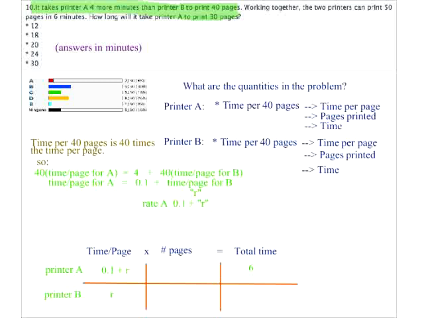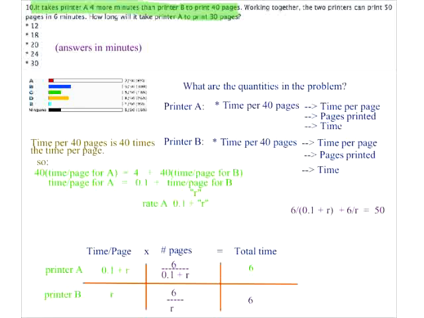You can do division. So that's 6 over 0.1 plus R, and this is 6 over R. And then you know that the number of pages is 50. So 6 over 0.1 plus R plus 6 over R equals 50. So that's kind of annoying.